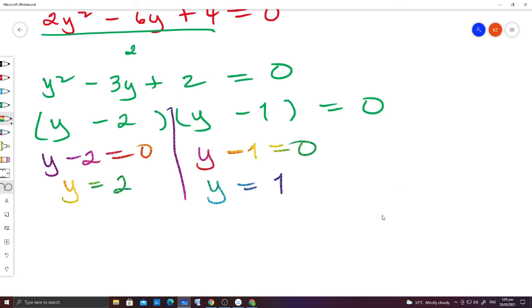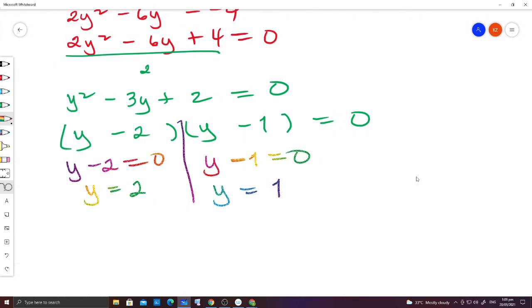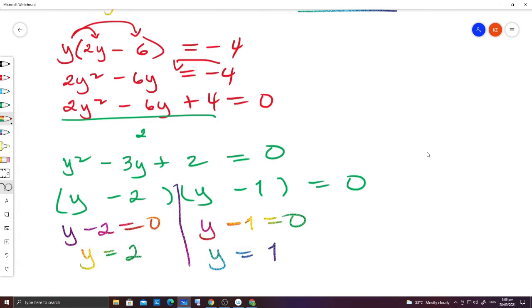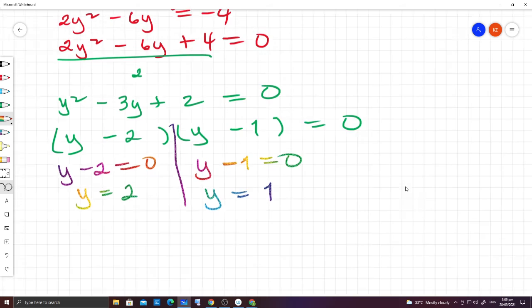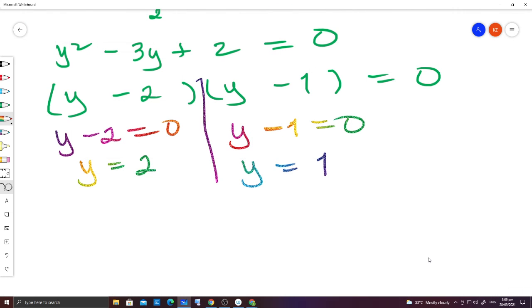So it means we're going to find the two values of x also. What is our first equation? Okay, let's use the first equation. So if y is equal to 2, let's use xy equals negative 4.